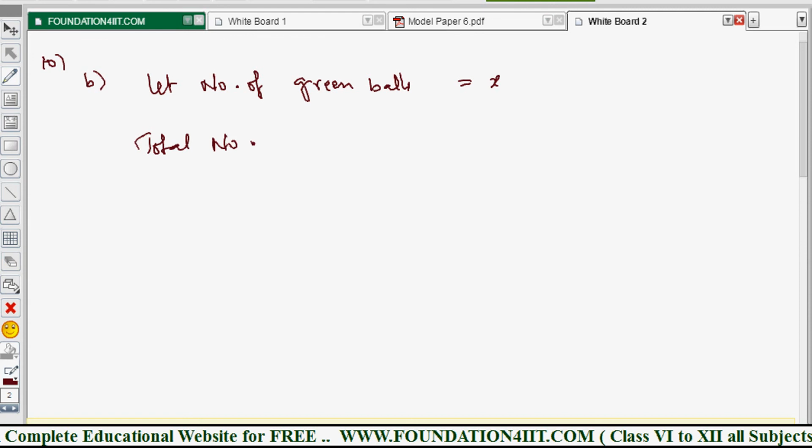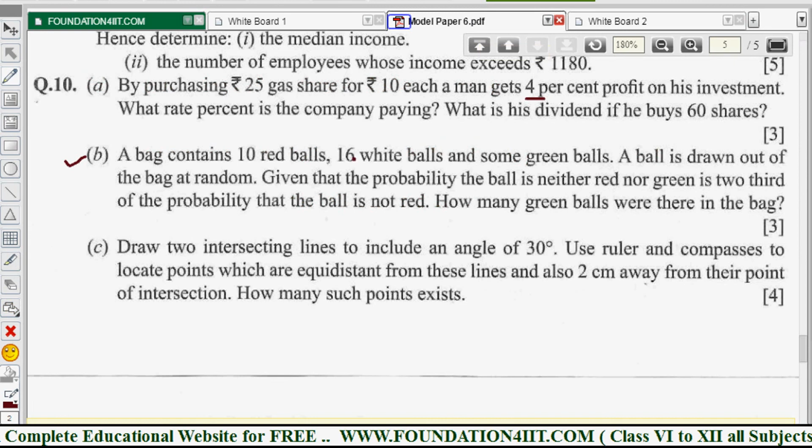They already gave the other two. One is 10 and one is 16, plus this is x. So total 26 plus x is the total number of balls. Therefore n of S is 26 plus x, because 10 and 16 are already given. 10 is red and 16 is white.